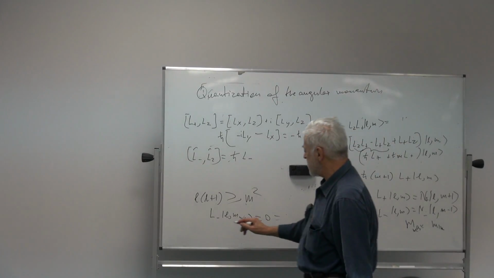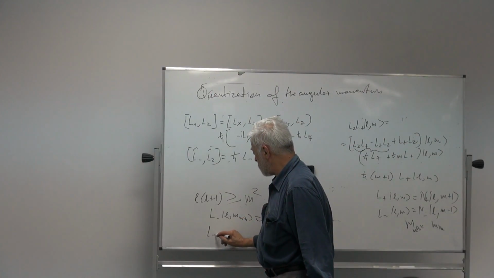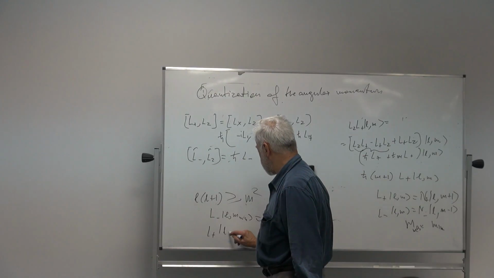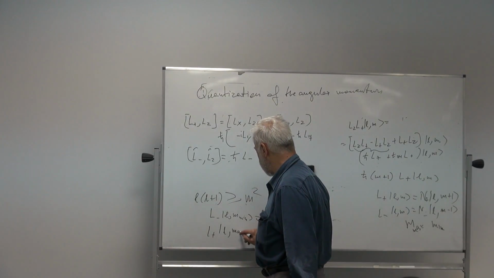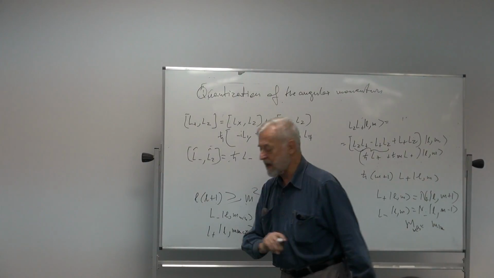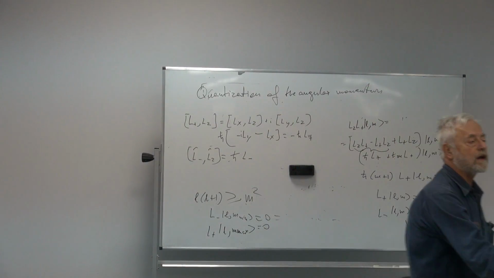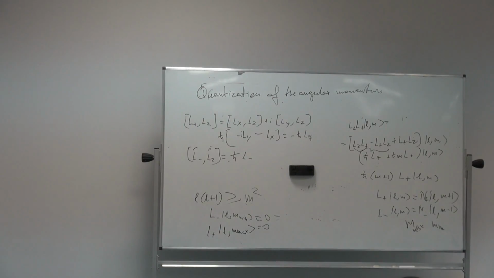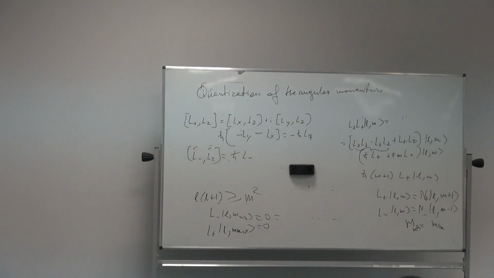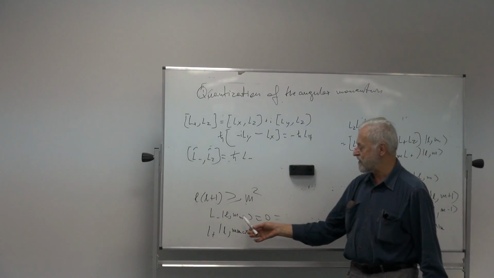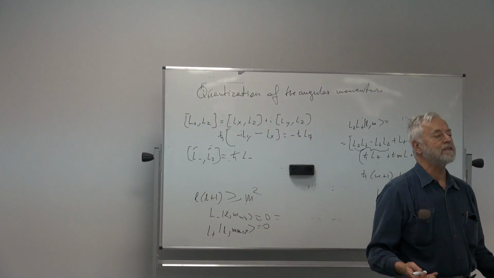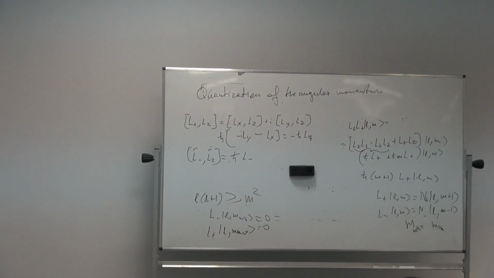And similarly, when I act with L plus, finally I should reach some m max for which L plus is just destroying it. Or if you want, for which the state is an eigenvector of this operator with an eigenvalue equal to 0. That's the same thing.